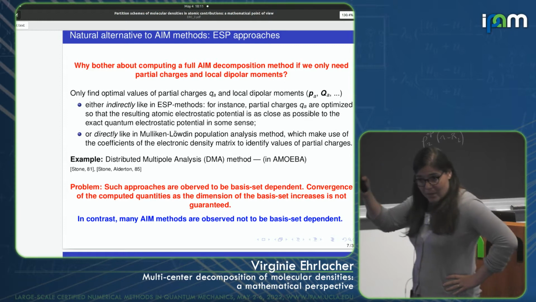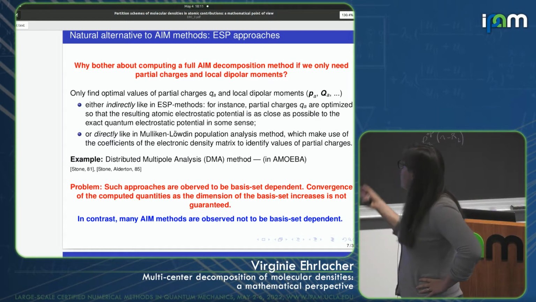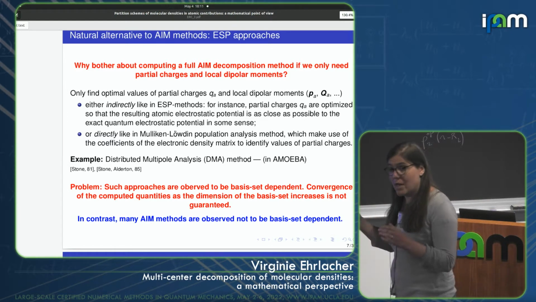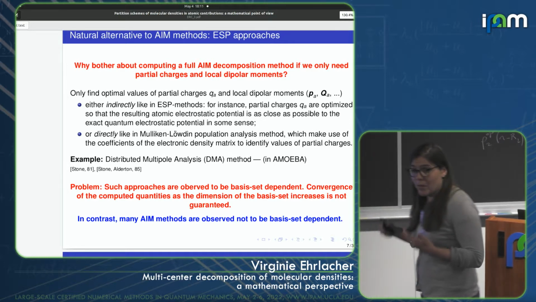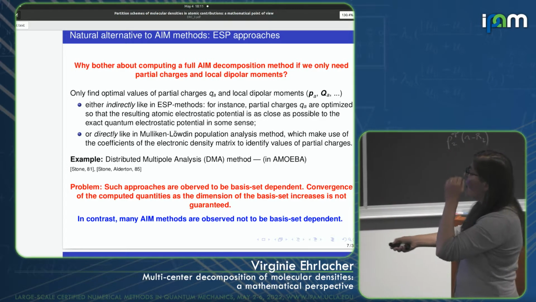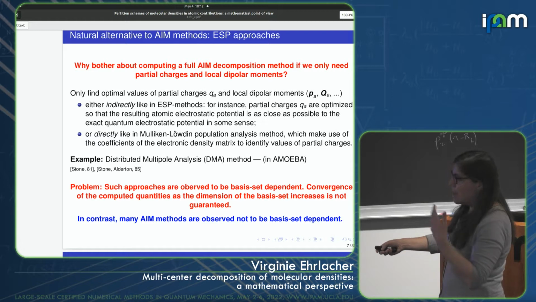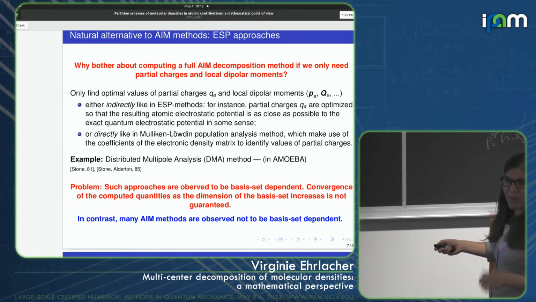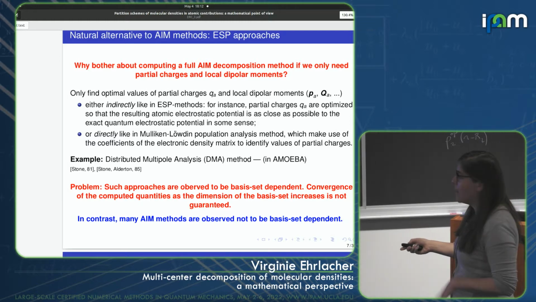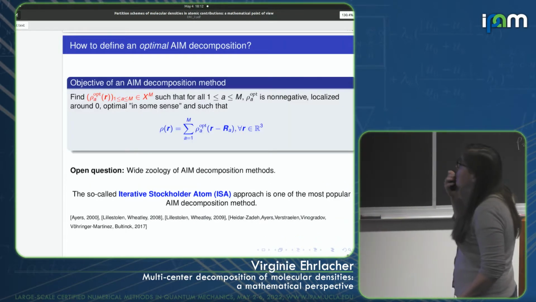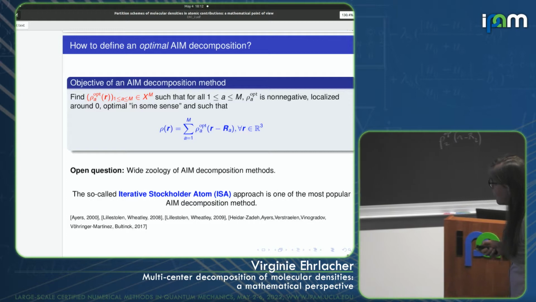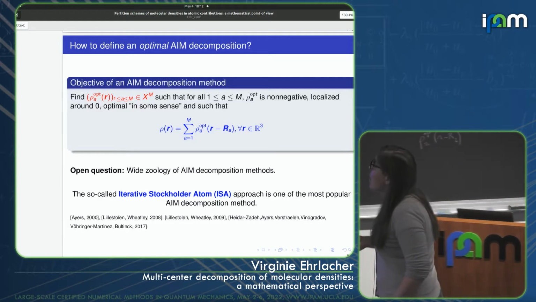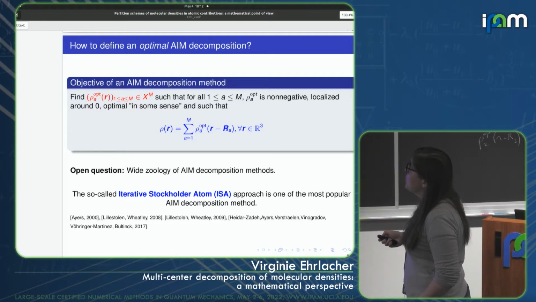In contrast, many methods based on this full AIM decomposition I've just told you about are observed to be much less basis dependent. It's a numerical observation, and somehow these methods, of course you need to compute more things, but they seem to be more stable with respect to numerical discretization. That's why we were interested in understanding some of these approaches. So let me recall what I meant by an AIM decomposition.